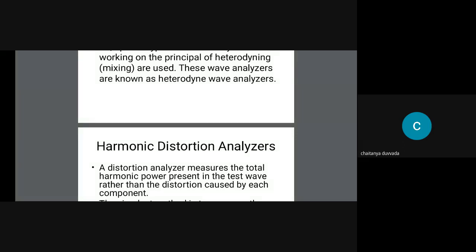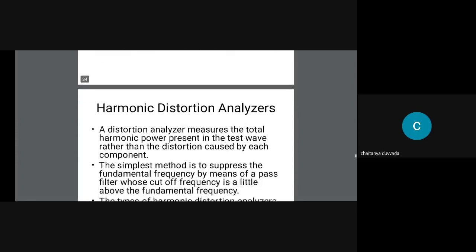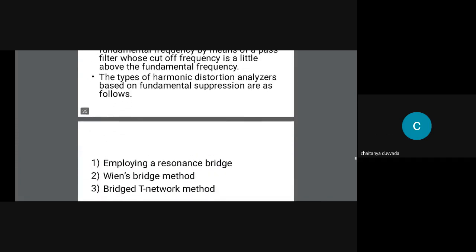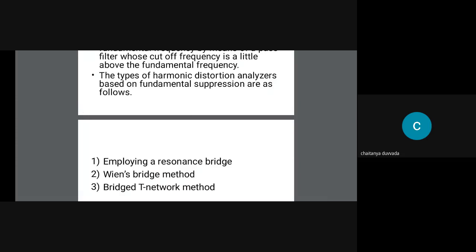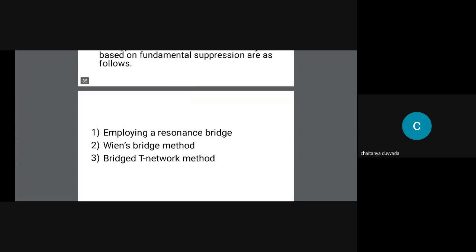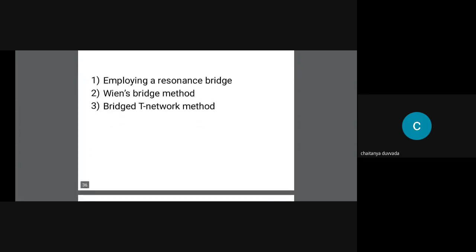If we have to use an instrument to measure the distorted harmonic signal, that instrument is known as the harmonic distortion analyzer. Based on the suppression of the fundamental frequencies, we have categorized it into three types: resonance bridge, Wien's bridge method, and Bridge-T network method.